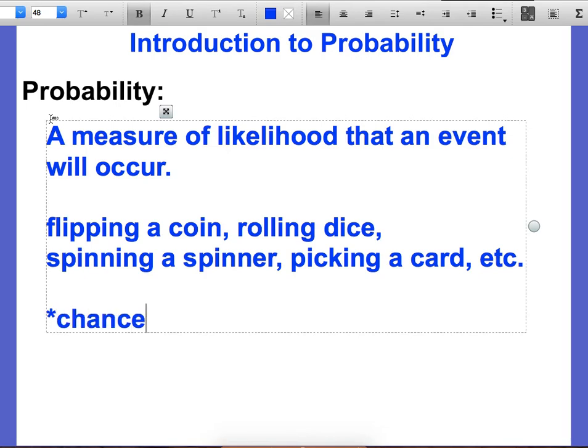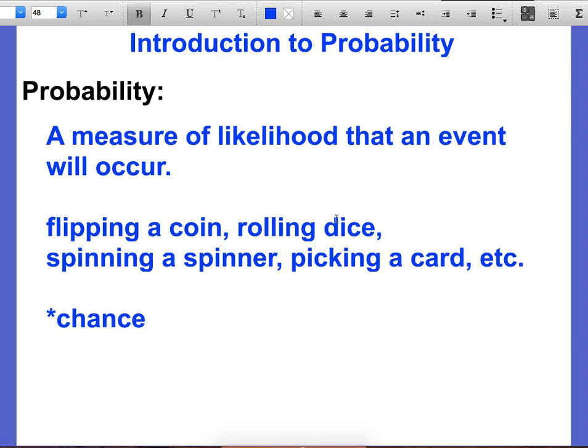We can see mathematically how things are going to work, why things have probabilities like they do, and even why we see things in life that may probably not happen, like winning the lottery, which is really unlikely to happen.